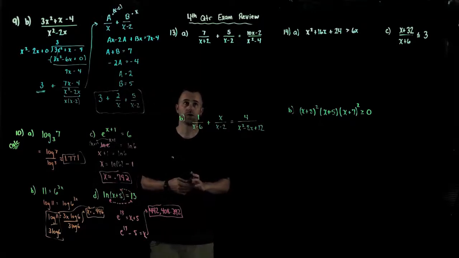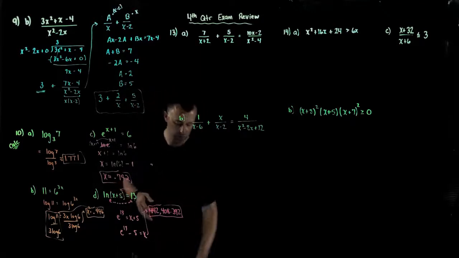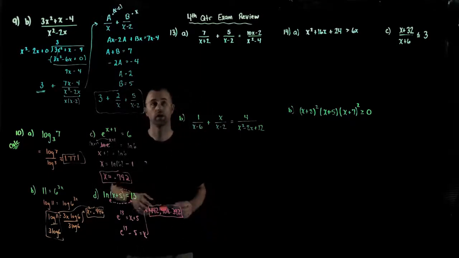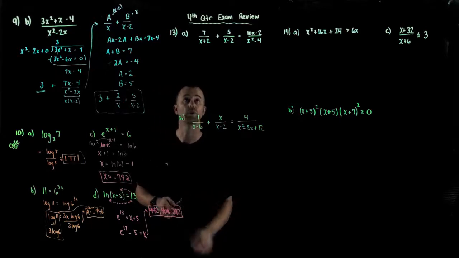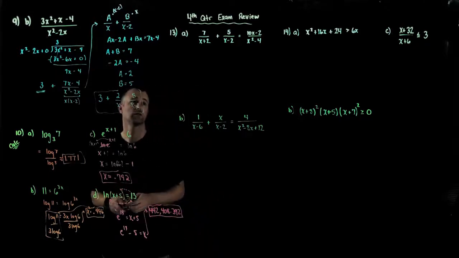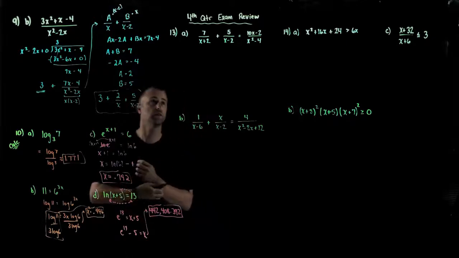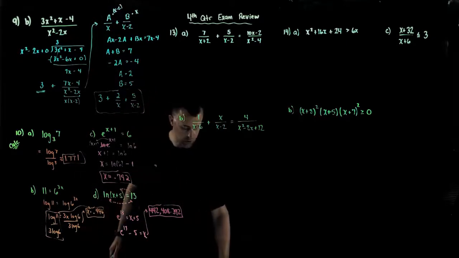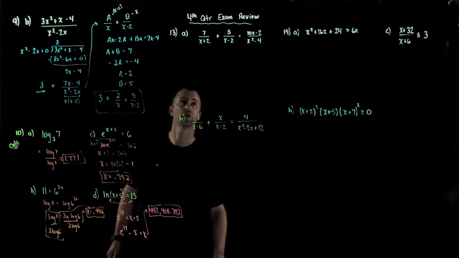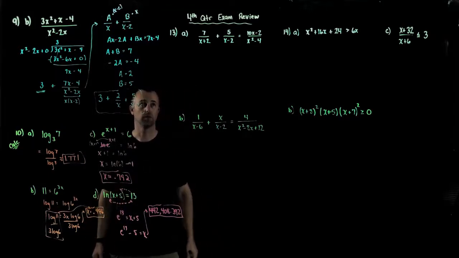All right, so moving on to 13, we're doing some rationals again here. So this one is going to be solving a rational equation. So there's two methods here. One is to get a proportion, but this one is set up where I probably want to multiply by the common denominator.